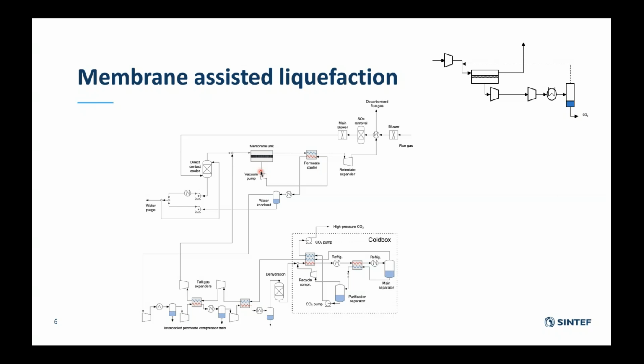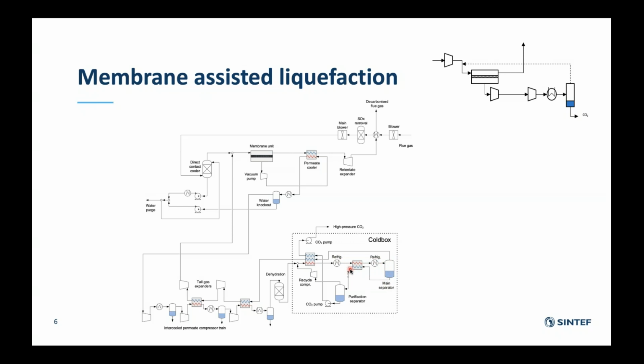The permeate, which is at approximately 0.2 bar, is compressed to 1 atmosphere using vacuum pumps. It is cooled down, the water is knocked out, and it is then sent through a series of compression stages and dehydration to 30 bar, and then cooled down to minus 53, 54 degrees, where the CO2 is liquefied.